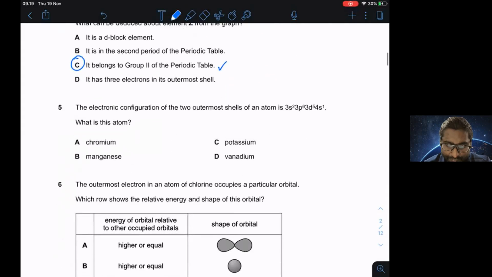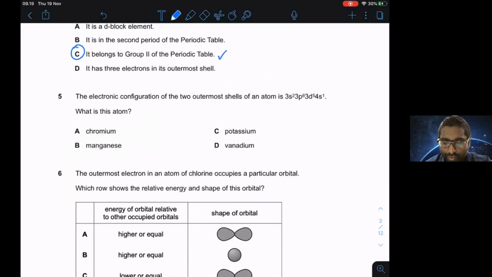Next, number 5. The electronic configuration of the 2 outermost shells is given. This is a special case because when you look at 3d5 4s1, it's supposed to be 4s2 3d4. You look at your periodic table for which element is supposed to give you this, but they actually change it into this, which is more stable. In period 4, there are 2 elements that follow this pattern: chromium and copper.